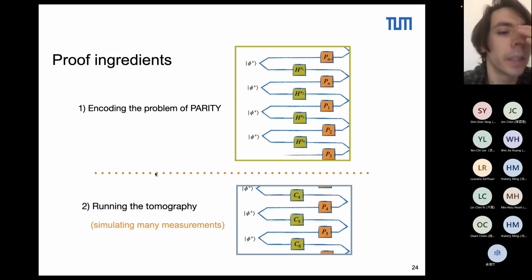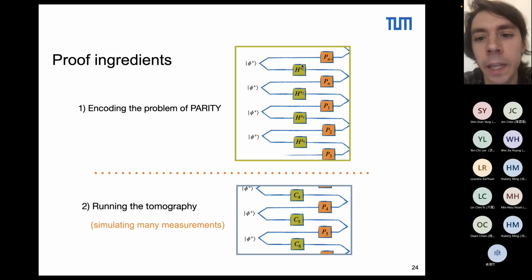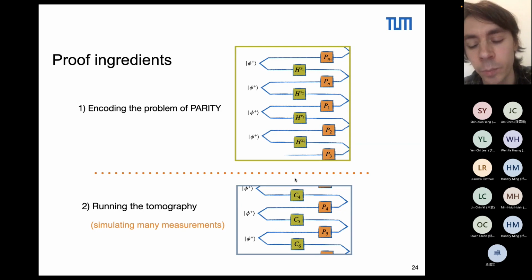So what happens is that we encode this problem of parity into one sub-circuit, and then in the other part of the circuit we change the inputs, and for each combination of inputs, it simulates a different measurement on the state that was produced by the top circuit.